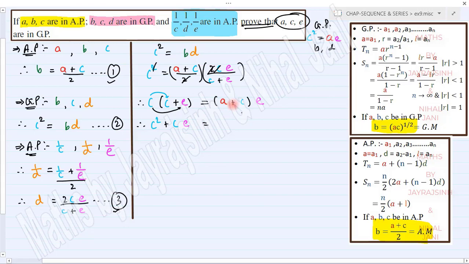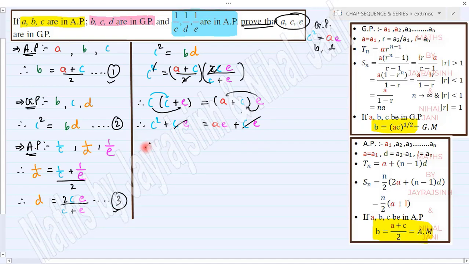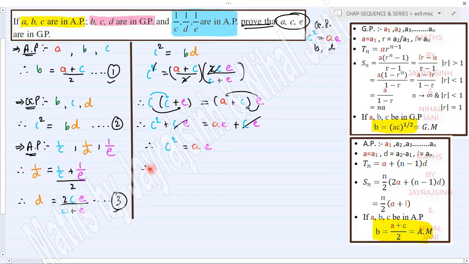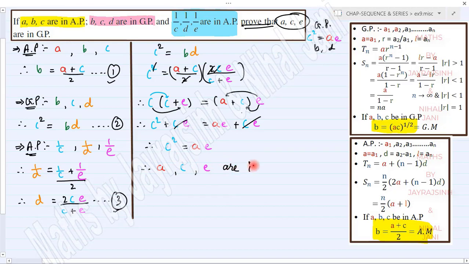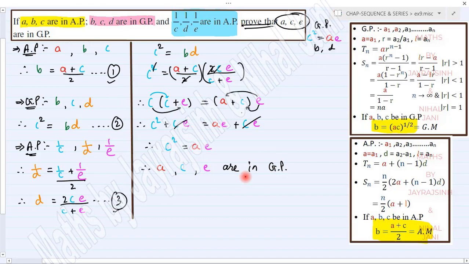On the right hand side, E into A will give us AE and E into C will give us CE. So your CE will be cancelled out. You will get C square is equal to AE. So we can say A, C and E are in GP. Hence proved. Ta-da!